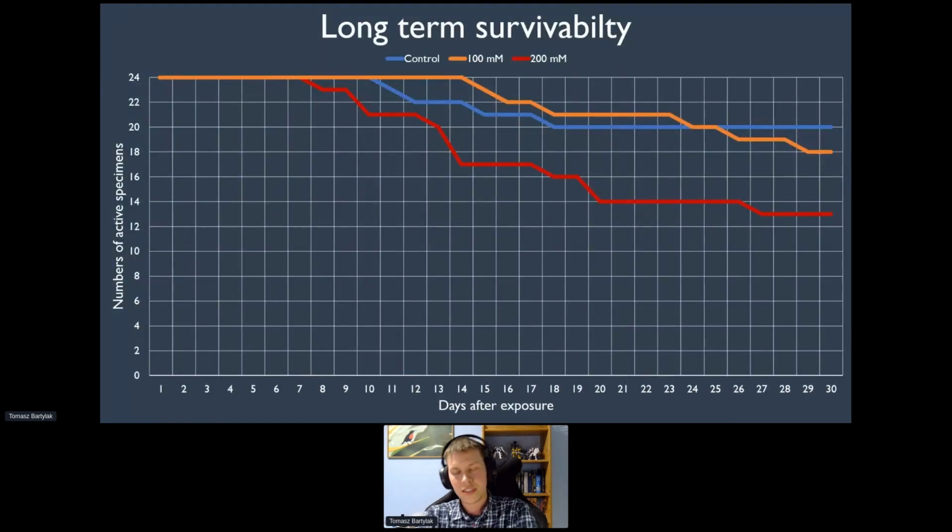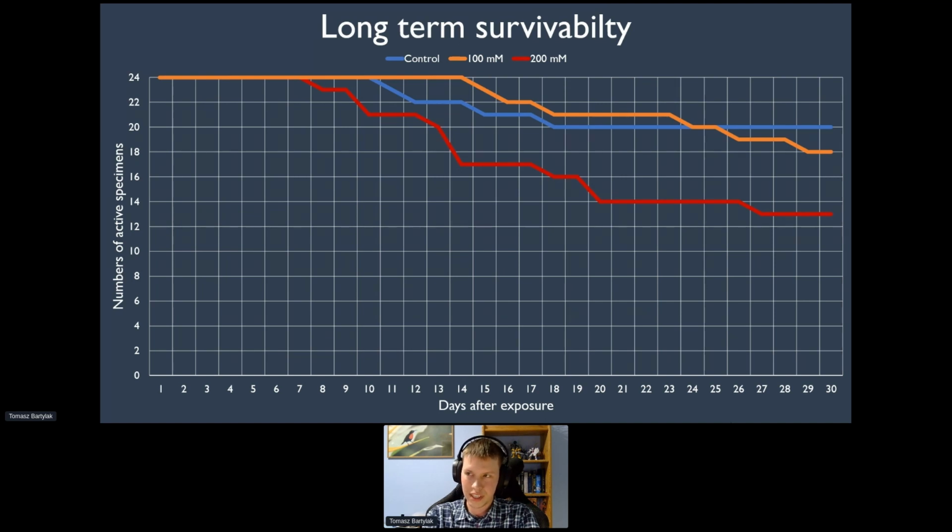So in order to test that, at least to some extent, I exposed tardigrades from the same species to different doses of potassium cyanide, and then kept them in cultures, a single specimen in each dish, to see if they would start dying off, if their survival and fitness would be affected by this incident.